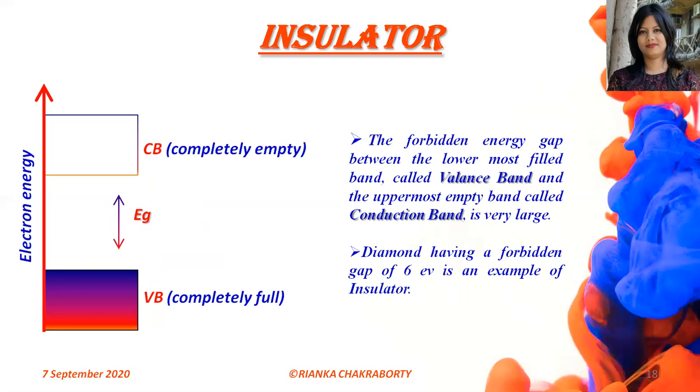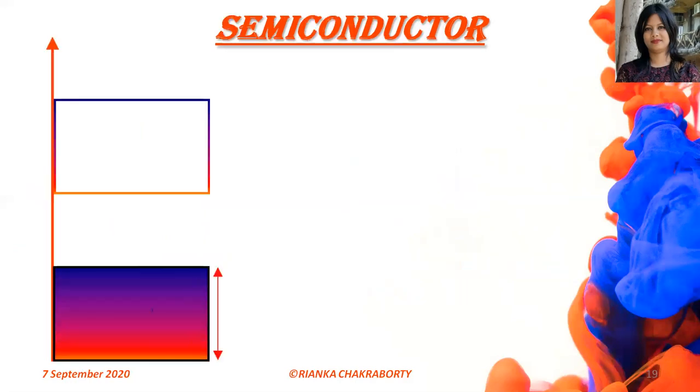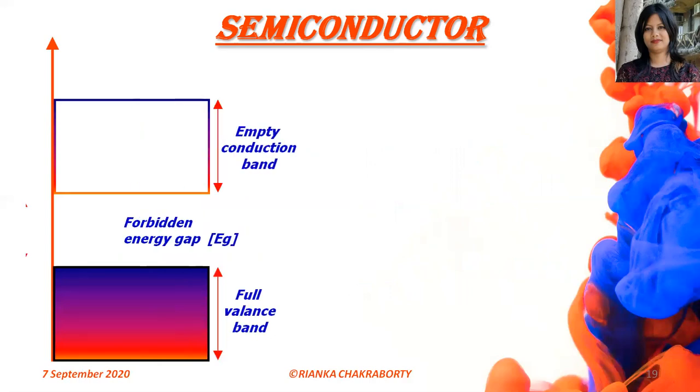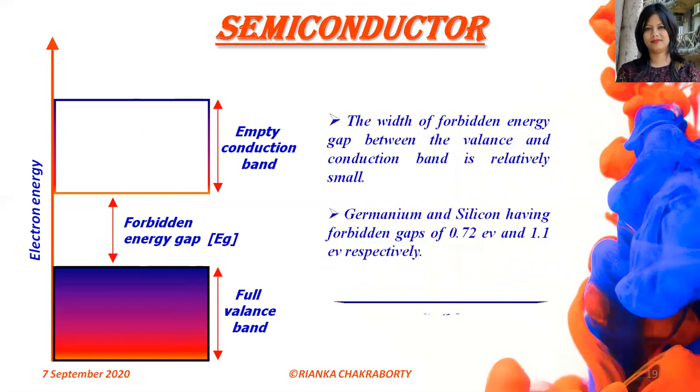And in case of a semiconductor, the forbidden energy gap is very small. The electrical properties of a semiconductor lie between metal and insulator. So we know that germanium and silicon are semiconductors.